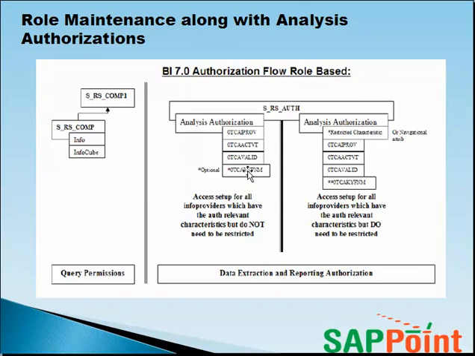Key figures are an optional characteristic, needed if you want to restrict access to a key figure. Along with these 3 characteristics, if the restriction has to be made on a navigational attribute, then you need to include the navigational attribute in the access.